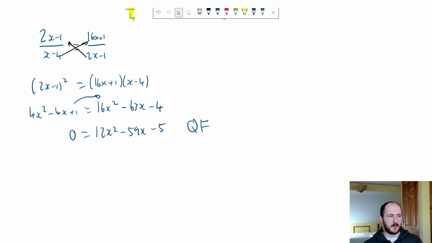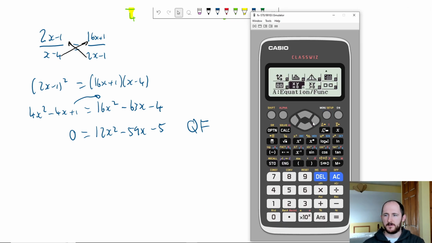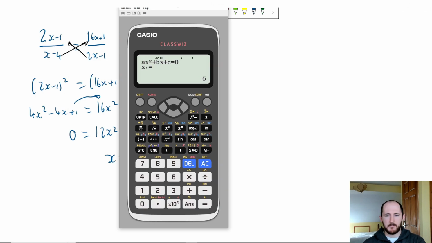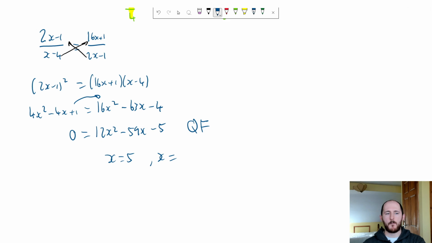Some calculators, like my amazing one, actually do the quadratic formula for me. But again, hopefully the quadratic formula isn't too bad. And I get 5. Bit anticlimactic, I know. Or minus 1 over 12. So the question is, which one is it?